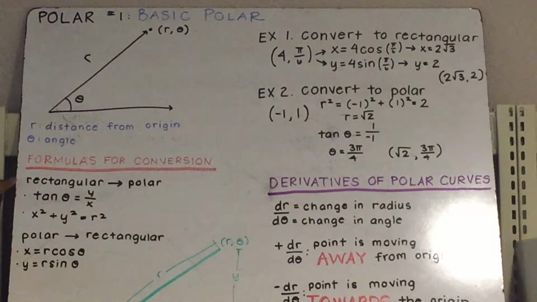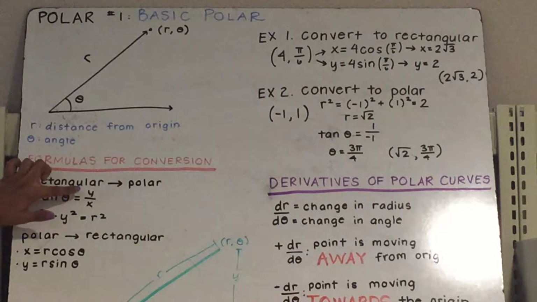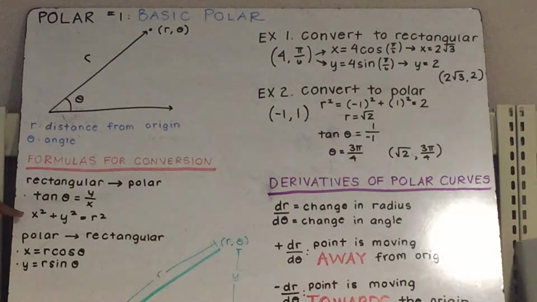It's important to know how to convert from rectangular, so that's your xy coordinates, to polar, and from polar back to rectangular. So these four formulas are what you need to know. If you're given rectangular coordinates, you can use your y and x points to find theta and r, so that will be finding your angle and your distance.